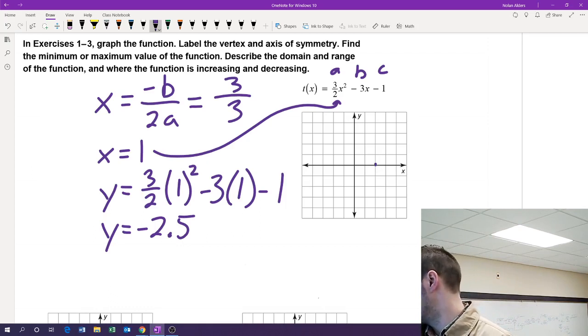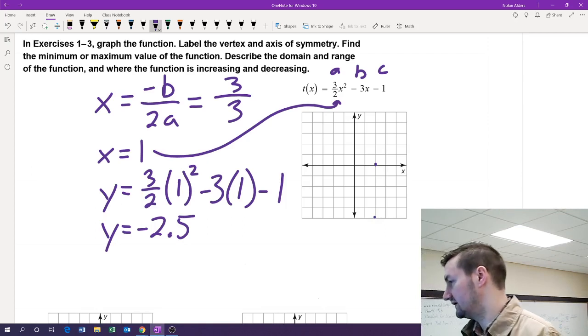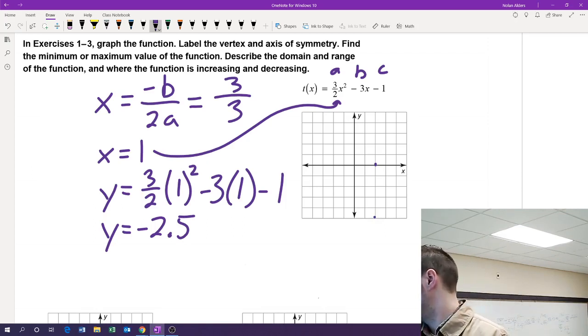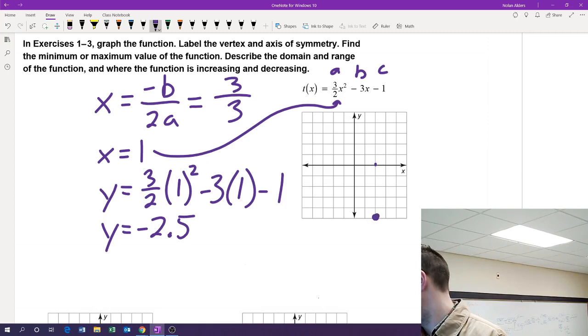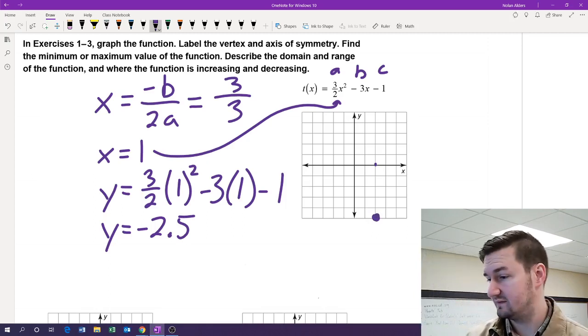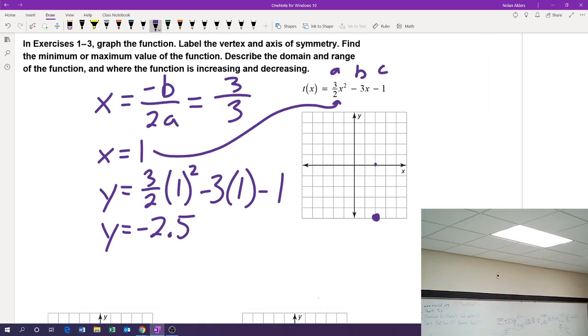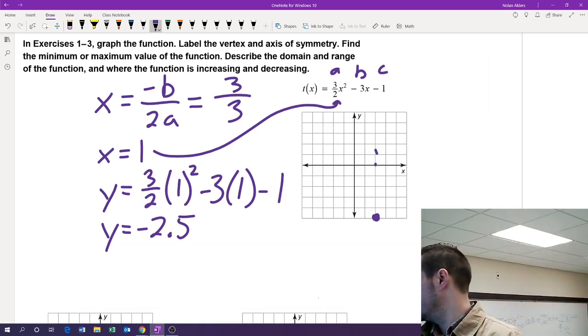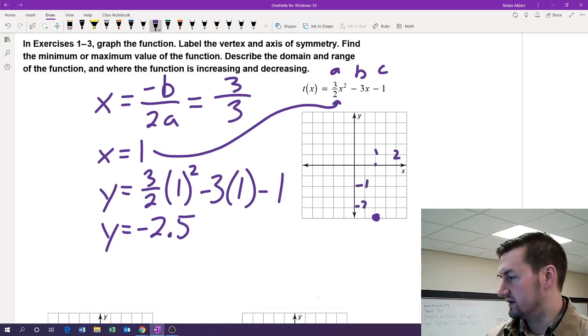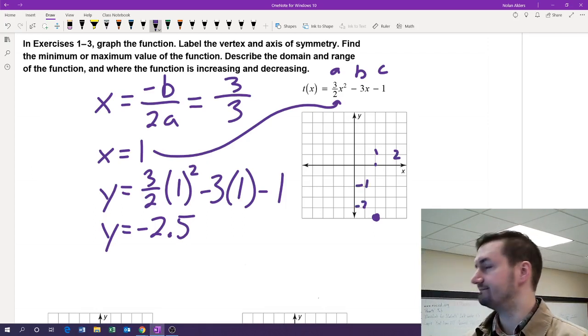It's all the way down here. So right here is our vertex. Every little block is 0.5. So this is 1, this is 2, this is negative 1, negative 2. Then that's our vertex. Okay.